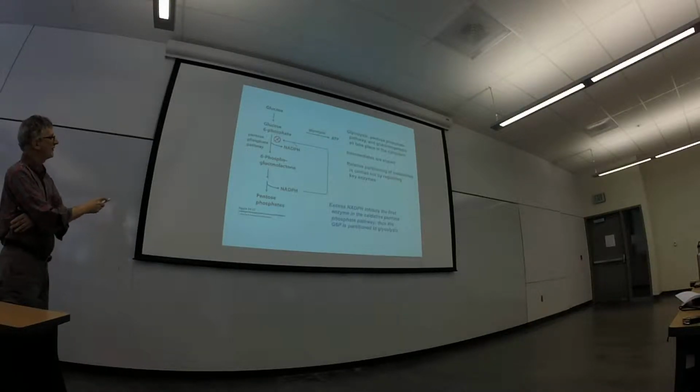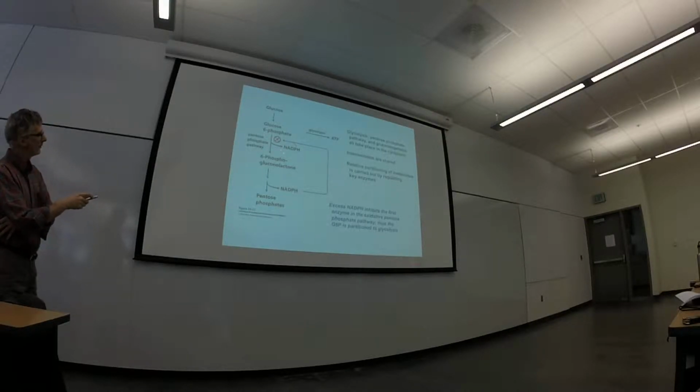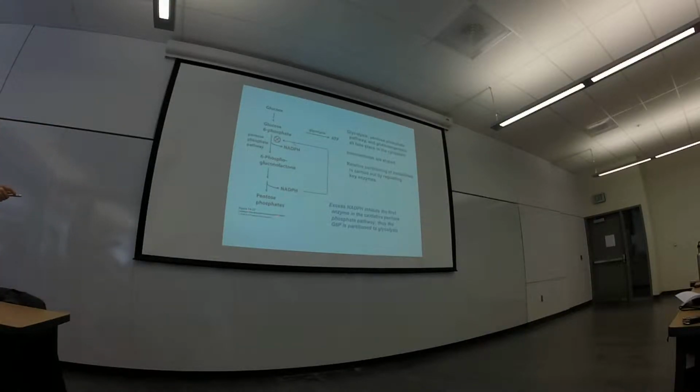But this pathway generates NADPH. Right? And when enough NADPH has been made, you can actually feed back and block the pathway here. Okay? So when that happens, we're not going to make any more pentose phosphates anymore. We have enough NADPH, so we turn off this enzyme.